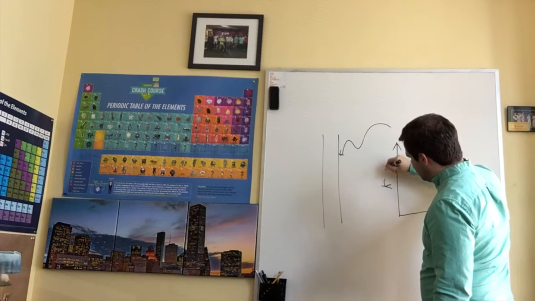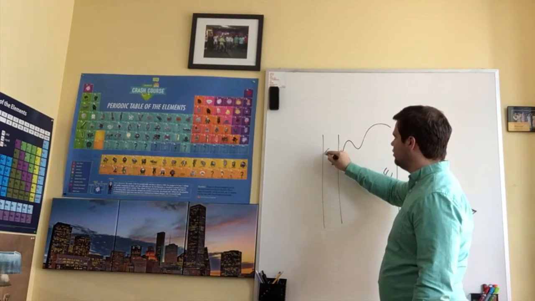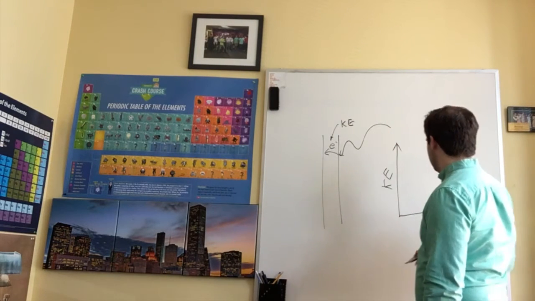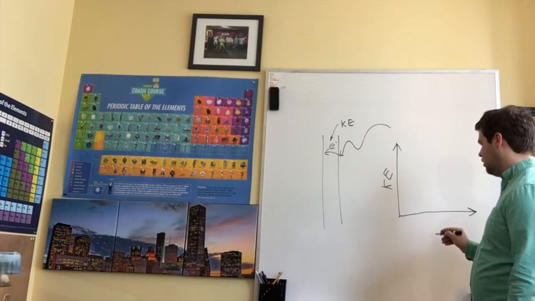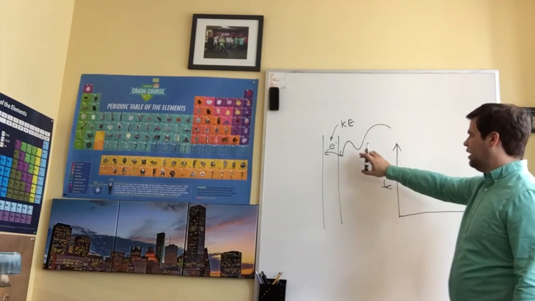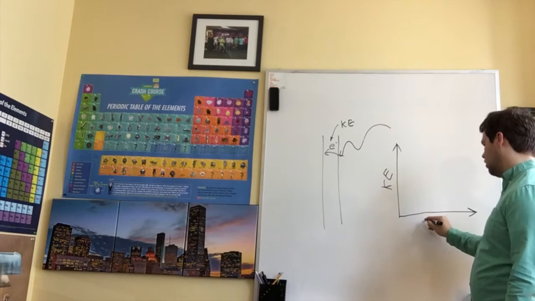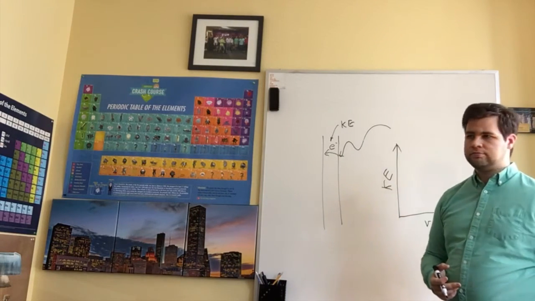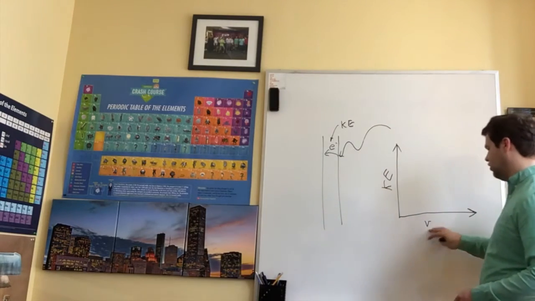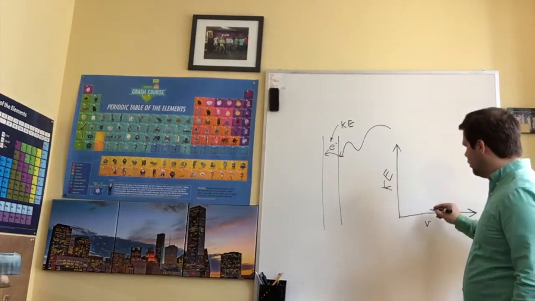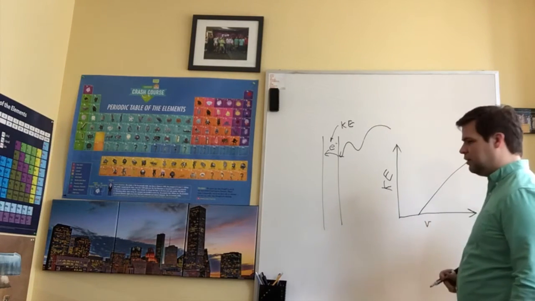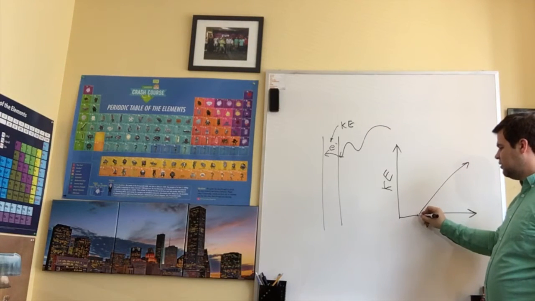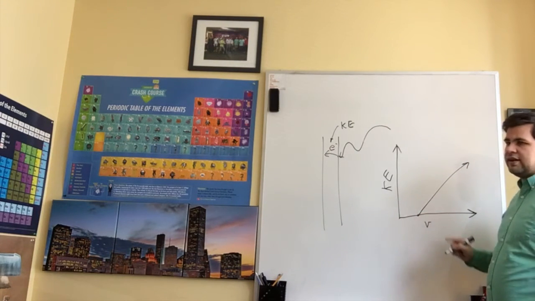You have the kinetic energy of these electrons versus the energy of the incoming light. We'll call that nu, or the frequency, sometimes called F, but we'll call it nu. So what it will look like is this. It's a straight line that intersects and ends at the x-axis.